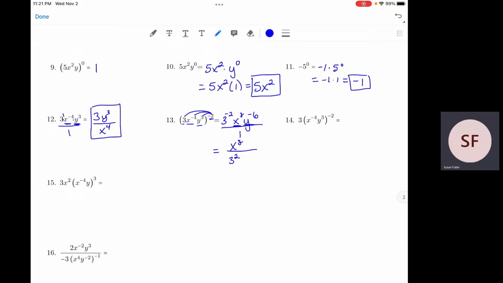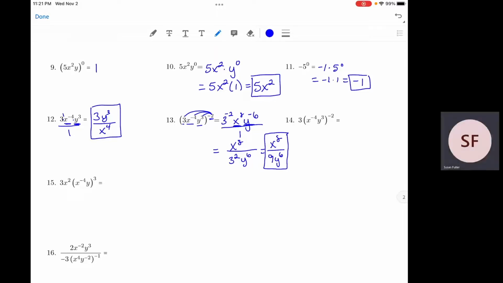Stay or go? Negative exponent says get out of here. It's going to move to the bottom. And then finally, if I wanted to, 3 to the 2nd power, I know what that is. So I can simplify this to x to the 8th over 9 times y to the 6th. And that will be our final simplified version.